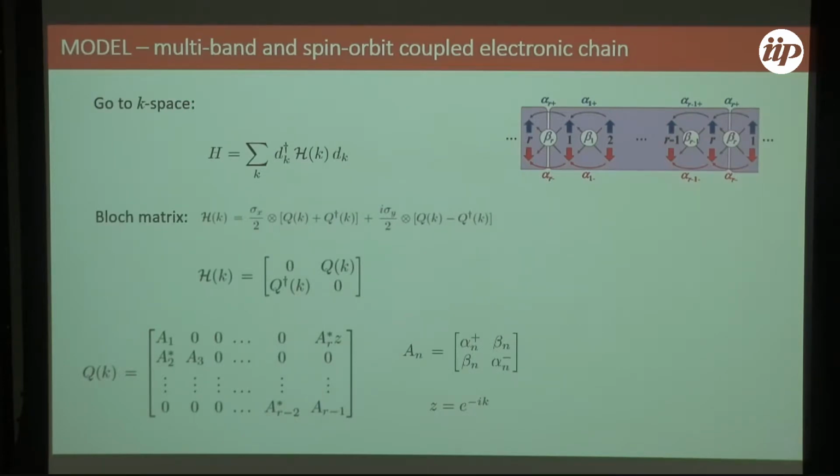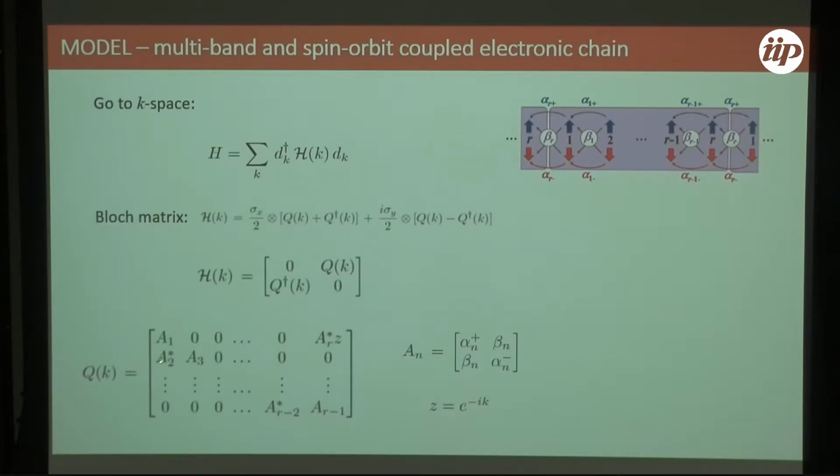But before that, I have to rewrite my Hamiltonian in K-space, which can be done because without electron-electron interactions, I can diagonalize the Hamiltonian in K-space. And this is the Bloch matrix that arises, which has this form. It's written in terms of this Q matrix, which is 2R times 2R.